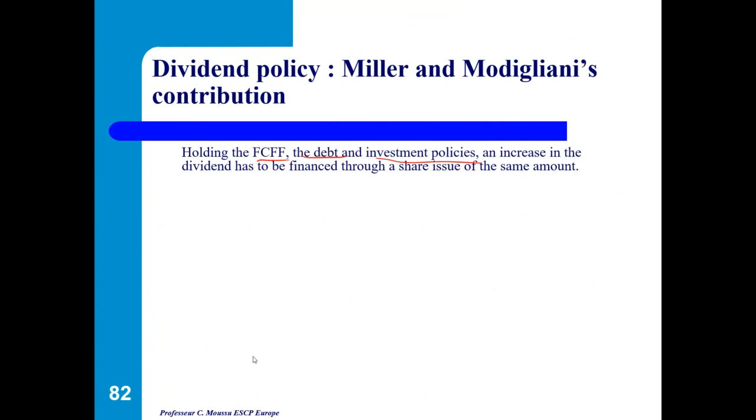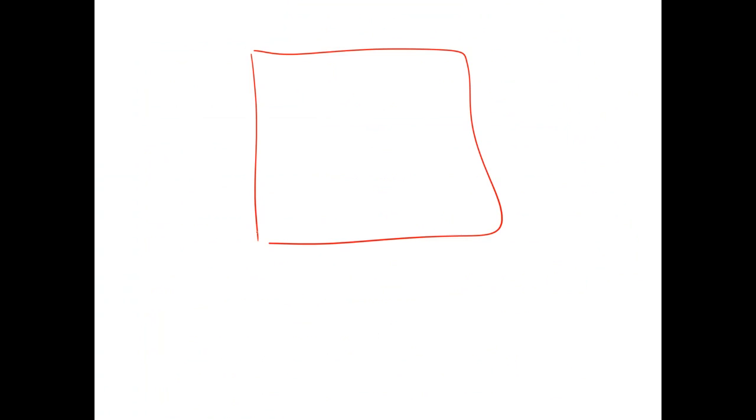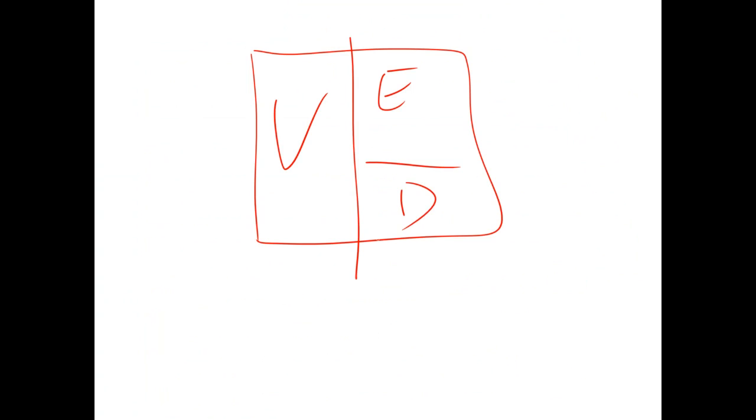What it says is just the following, if I summarize that. A firm has equity and debt, and the firm has some free cash flow, maybe some cash, etc. Imagine that you are not paying dividend, so for the moment, dividend is equal to 0.